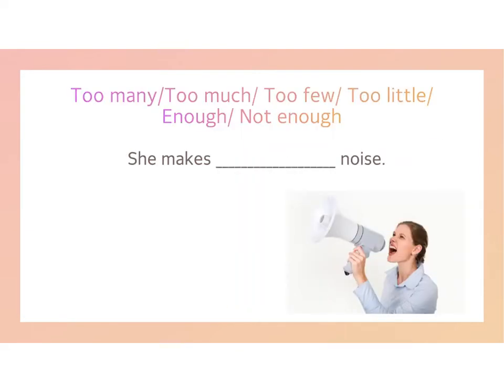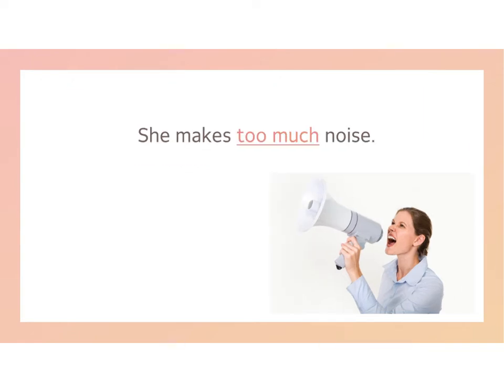Question 4. She makes noise. From the picture, the lady is taking a microphone. So, which one do you think is the best answer? The answer would be too much. As we all know, noise is an uncountable noun.